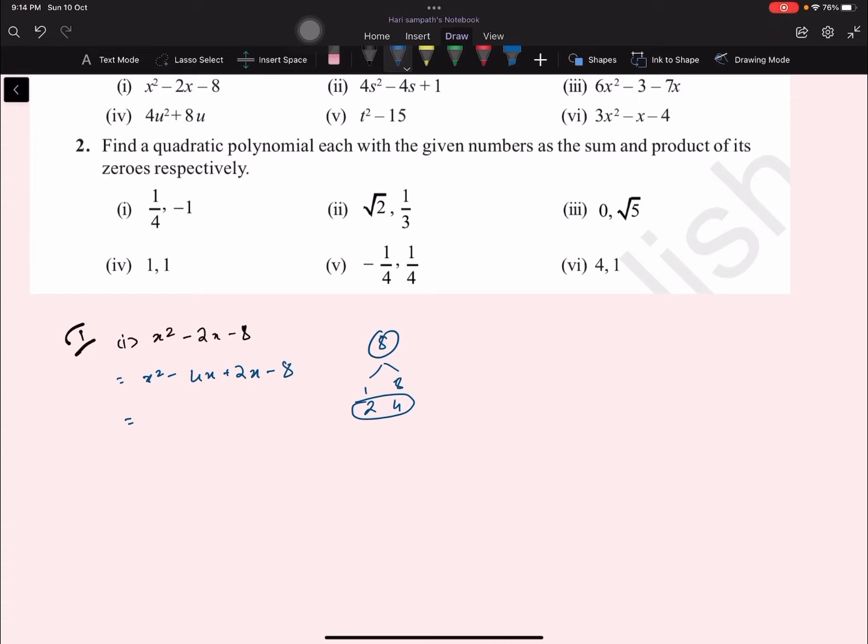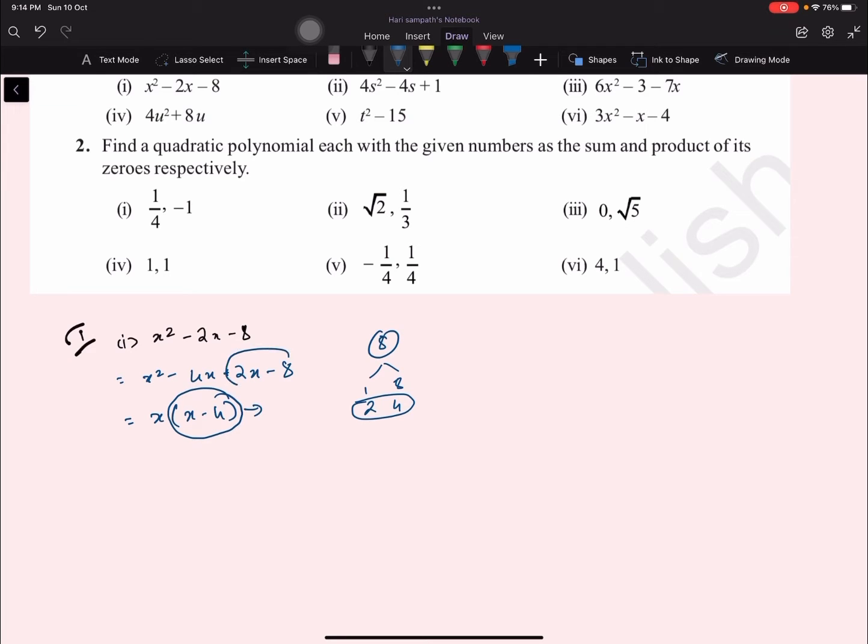So here the main thing kicks in. You just have to take what is common. So here x is common, and here 2 is common. So you take x common and you'll get x minus 4. Here you should take plus or minus so that you get the same thing in this bracket over here also.